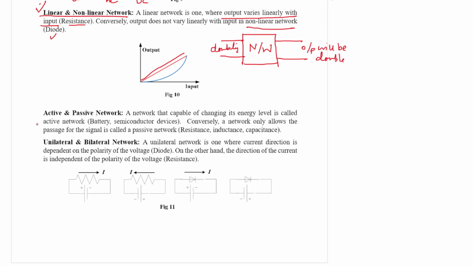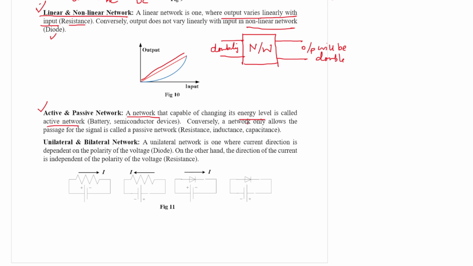Now the third term is called active and passive network. What is an active network? A network that is capable of changing its energy level is called an active network. Now if you have a battery, or semiconductor devices in your network, it is called an active network because it can change its energy level.